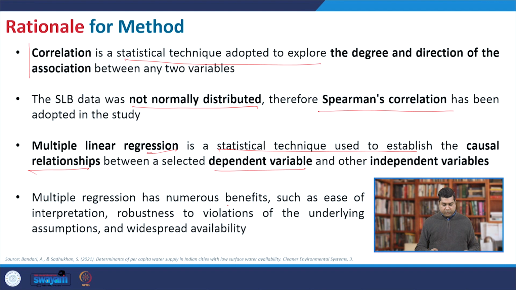Multiple regression has numerous benefits such as ease of interpretation and robustness, though there are some underlying assumptions. Whenever you go for this, there are indicators, the measure of performance or goodness of fit of the model.